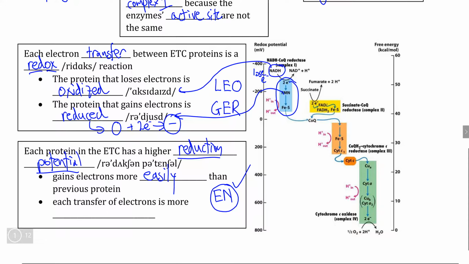A different way of looking at this is in terms of energy, referring to each transfer of electrons from one protein to the next, to the next, to the next as more spontaneous, because each electron carrier protein in the chain wants the electrons more than the one before, because they are able to gain electrons more easily, hence the term reduction potential.